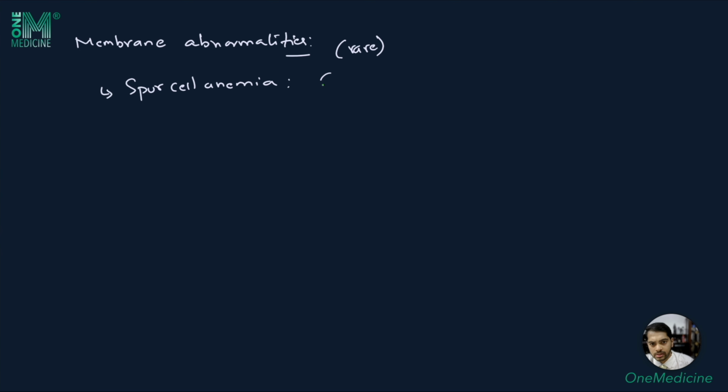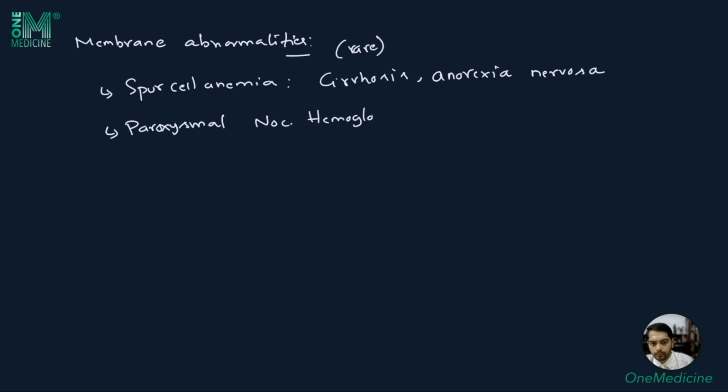Next, we have membrane abnormalities. So these are quite rare. In that, spur cell anemia, usually seen in cirrhosis and anorexia nervosa. Paroxysmal nocturnal hemoglobinuria is another type of membrane abnormality.